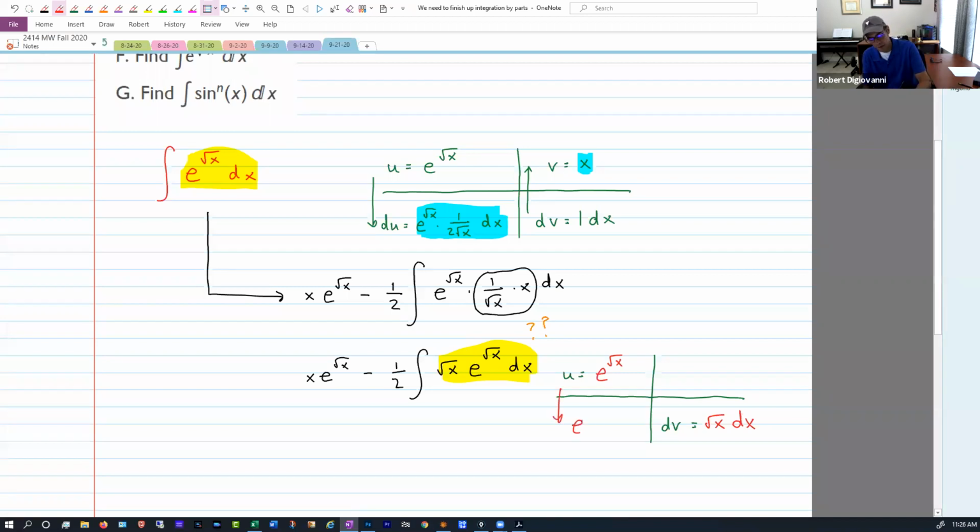Here we would have e to the root x times 1 over 2 root x. And then if we do the antiderivative here, we're going to have 2/3 x to the 3/2. I just did a power rule on that. And then I'm thinking about what this would be, and it's just getting nastier. I just keep on pushing more x's in there. Instead of the x's going away, it's just getting worse. Yeah? So I think I'm ready to give up on this approach.